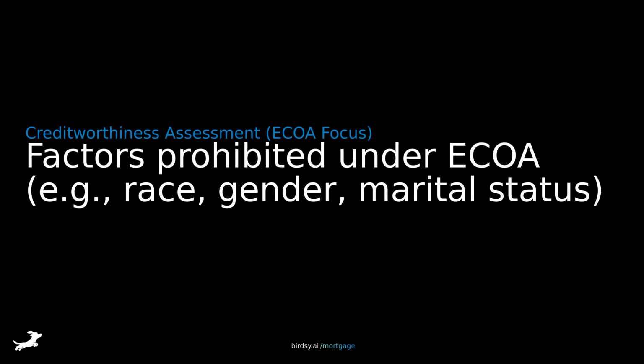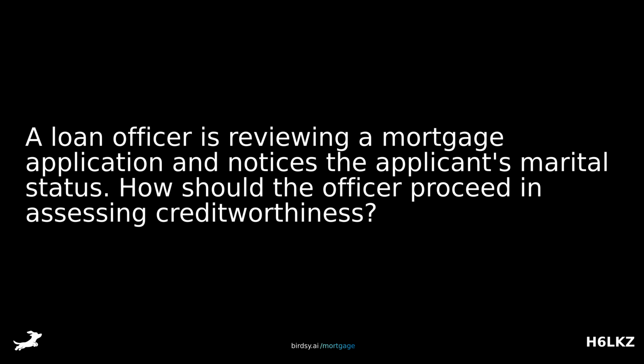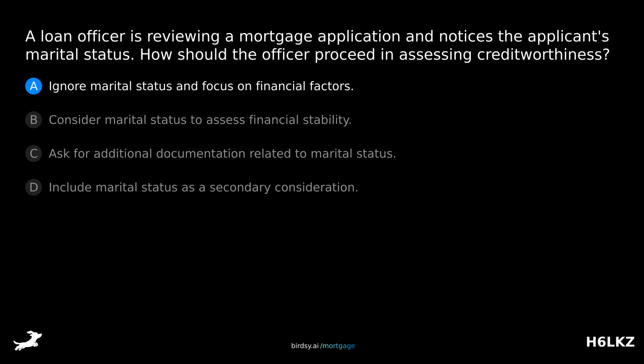Factors prohibited under ECOA. A loan officer is reviewing a mortgage application and notices the applicant's marital status. How should the officer proceed in assessing creditworthiness? Is it A, ignore marital status and focus on financial factors, B, consider marital status to assess financial stability, C, ask for additional documentation related to marital status, or D, include marital status as a secondary consideration?